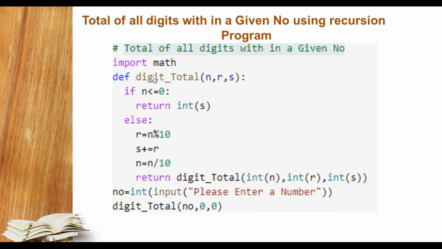So I have just defined a function, def digit total. This is the function name. Here n, r and s are the arguments. First, the base condition says if n is less than or equal to 0, then I have set there whatever the s, it will be typecast by integer and sent to the console or whatever variable.